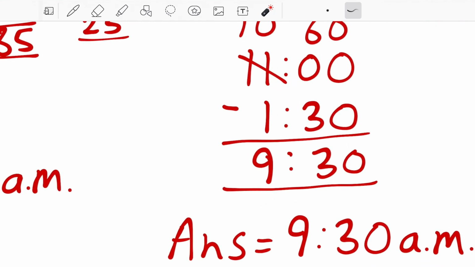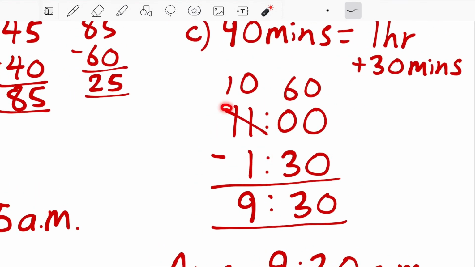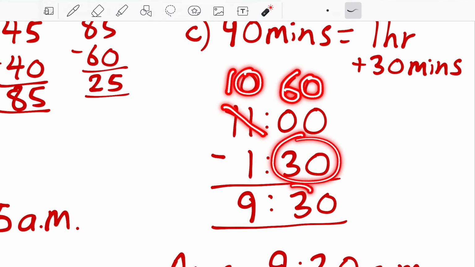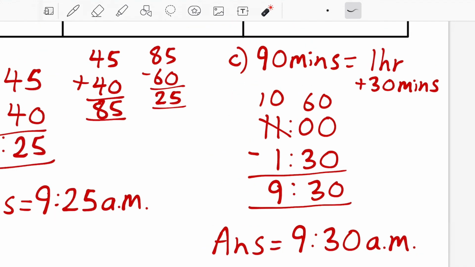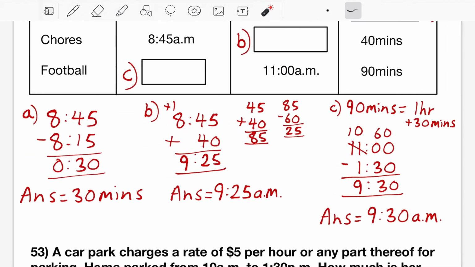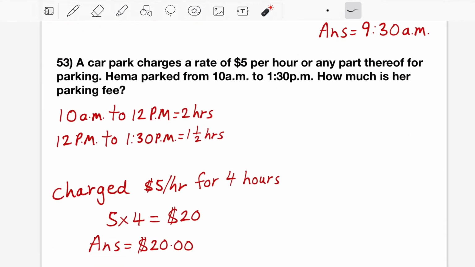So we know 0 cannot take away 30, so we borrow from the hour, we bring across 60 minutes, so 60 plus 0 is 60, and then minus 30 is 30. 10 take away 1 is 9. So 9:30 for C. Last question.